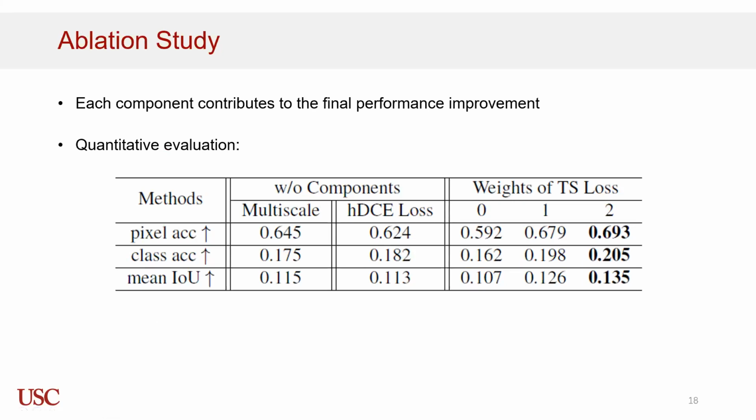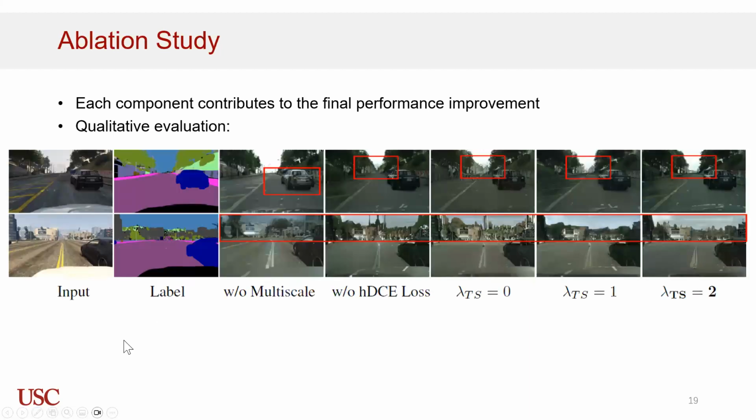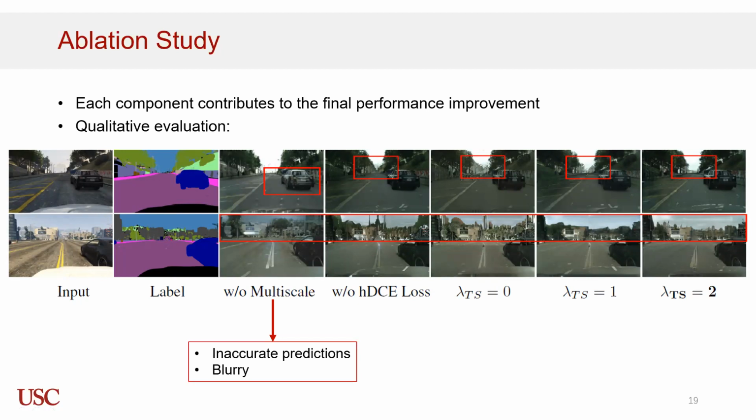Then I will show the ablation study, and we can observe the contribution of each component to the final performance improvement. After deleting either part of our method, we can see the performance degradation quantitatively. And qualitatively, without the multi-scale mechanism, we have inaccurate predictions and the results look blurry.